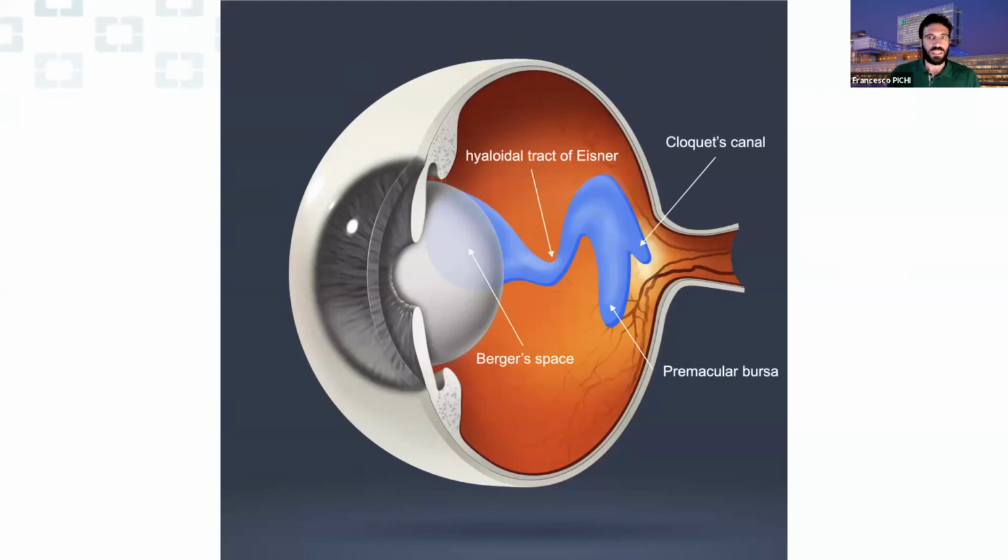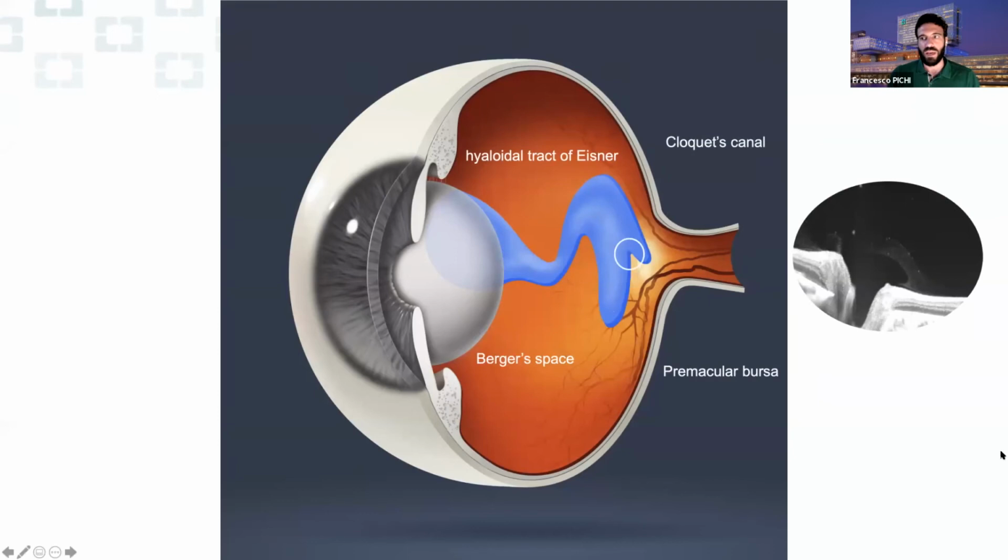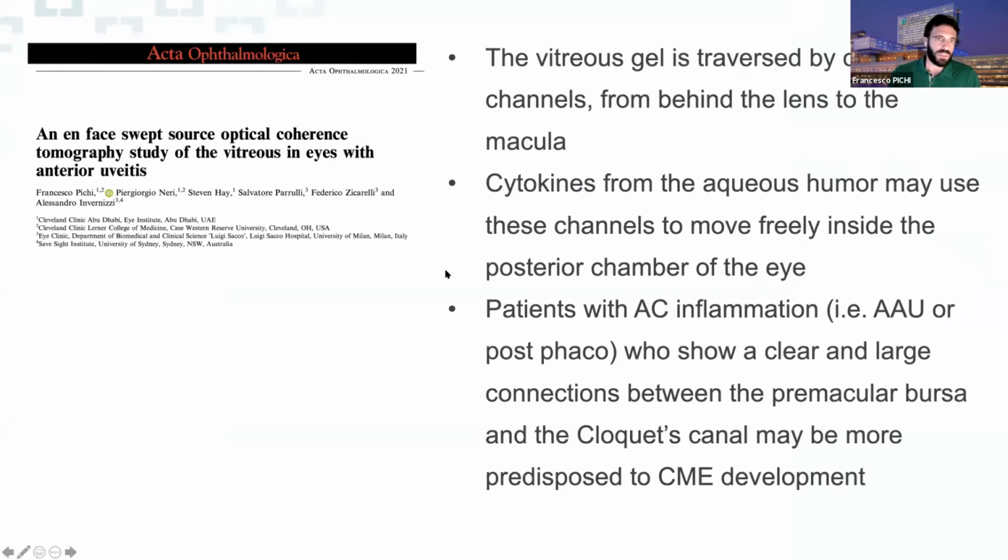So our hypothesis is that when you have anterior uveitis and a communication between the bursa and the Cloquet where the septum is gone, the cytokines from the anterior chamber have basically a huge highway to reach the macula, and this can be a contributing factor to the development of CME. This could also be a working theory for patients who undergo complicated phaco and then develop some degree of CME.